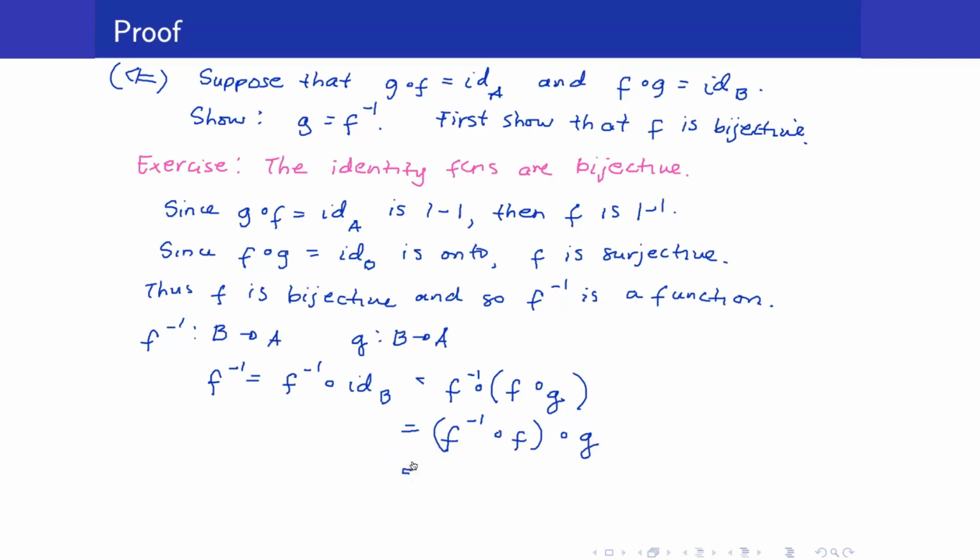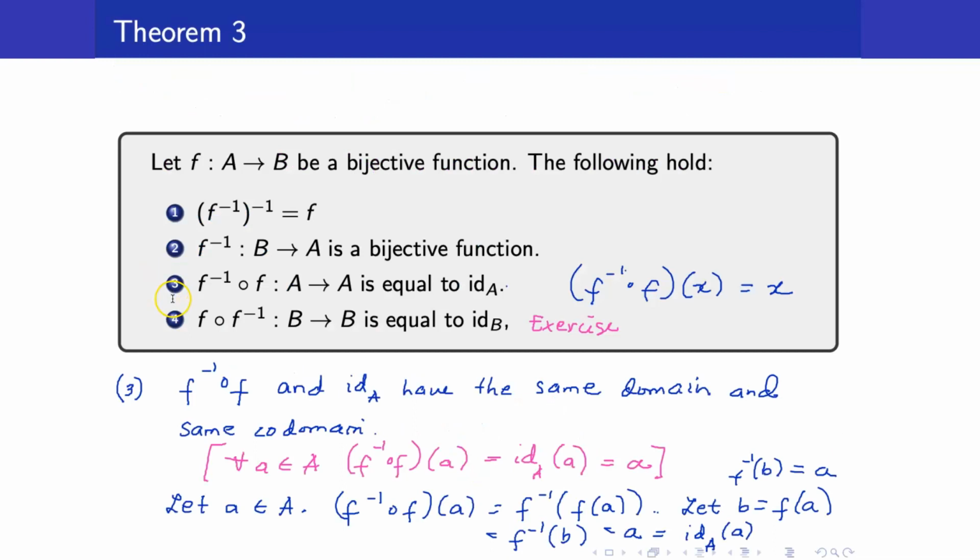But we have already seen that F inverse circle F is the identity function on A. That is slide 14 over here. That's theorem 3. When you compose the inverse of a function, you just get the identity function, and you just have to determine what set that is.